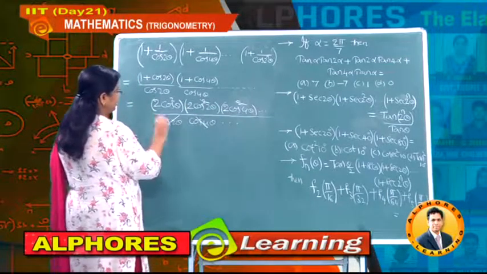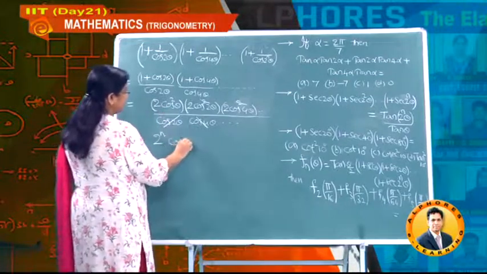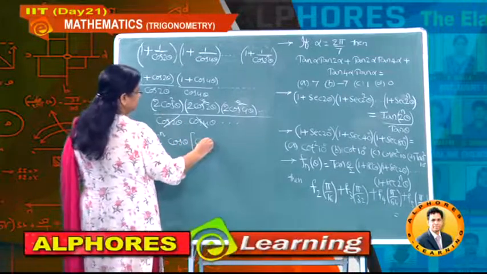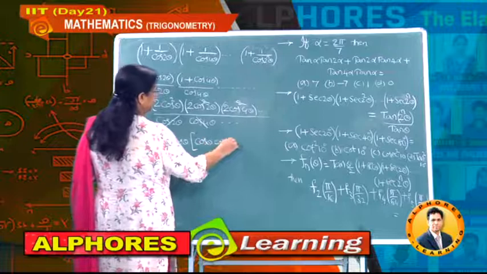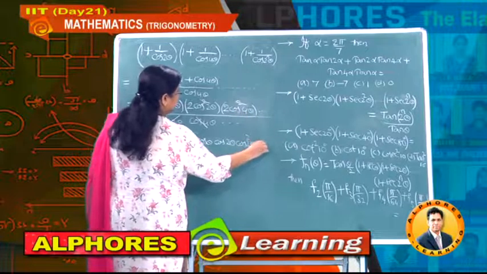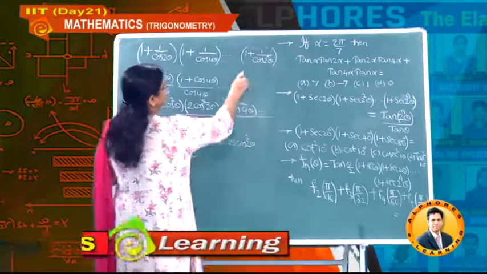Now I am writing how many 2s, students? It is 2 to the power of n, and cos theta let us write separately, then other values are cos theta into cos 2 theta, cos 4 theta, that is cos 2 square theta, etc. you will get, understand. But what about the last value, students?